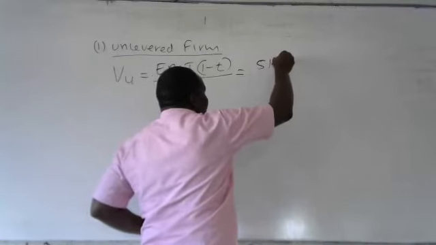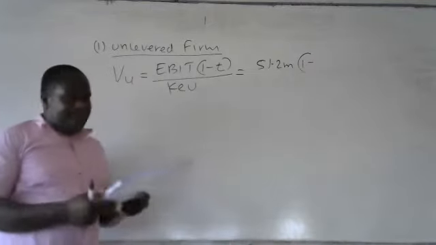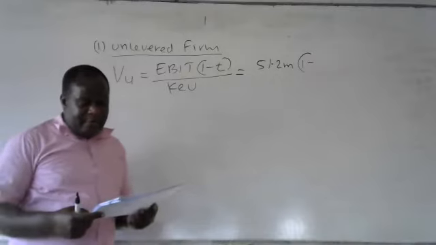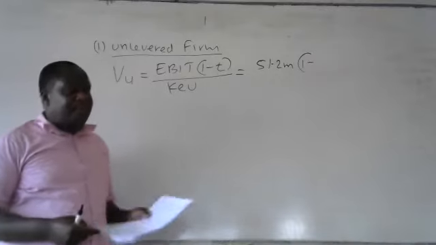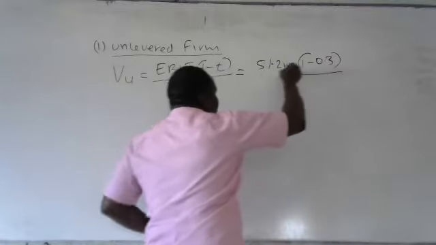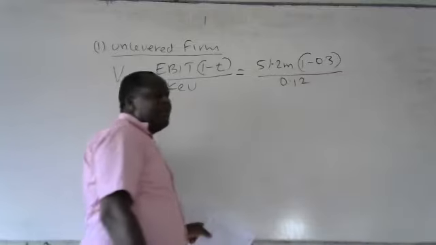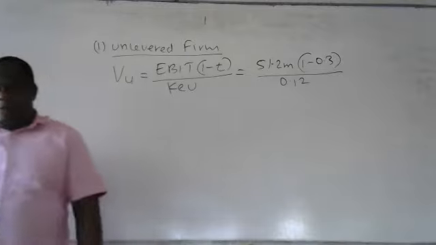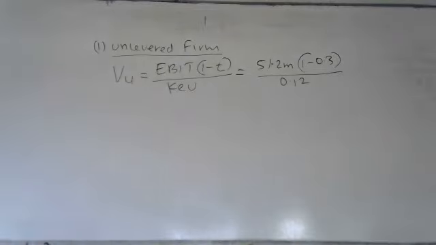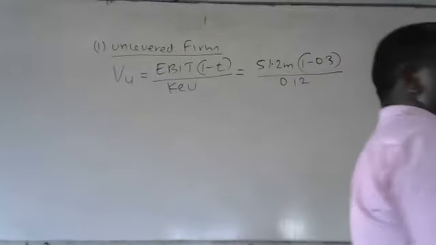Now they have introduced a corporate tax of 30%, which is 0.3. Then KEU is still 12%, which is 0.12. That will give you the value of the farm when there is corporate tax.